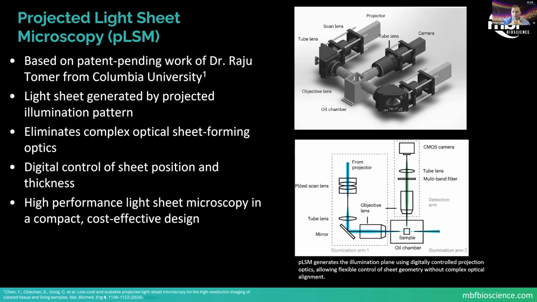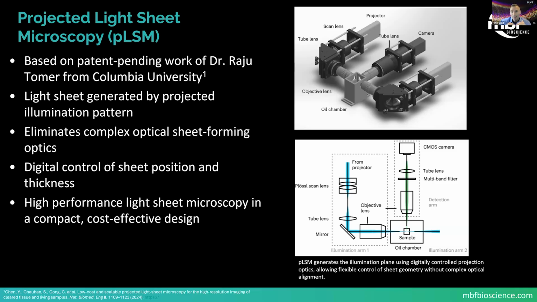In traditional light sheet systems, the illumination sheet is generated by using specialized optics such as cylindrical lenses or scanned Gaussian beams, single mode lasers. These configurations often require very careful alignment, mechanical stability, and utilize very expensive components like those single mode fiber lasers.